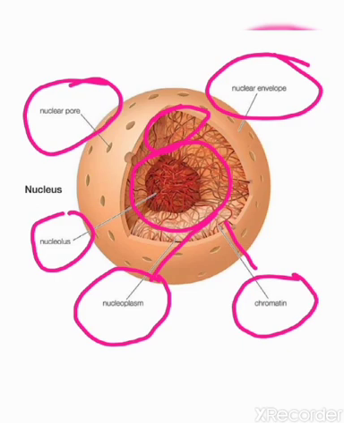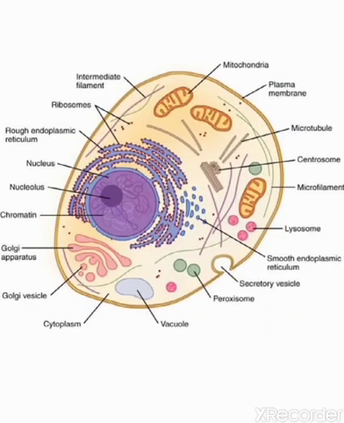Now during cell division, when the cell divides, these chromatin fibers condense into short thick structures, which are known as chromosomes. Okay, students? One more term related to the cell is protoplasm or protoplast, which consists of cytoplasm, nucleus and other living bodies.